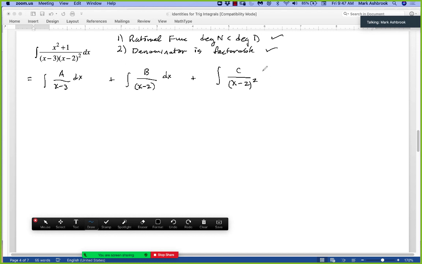Now we have to figure out what the A, B, and C need to be so that when we add these fractions, we get this fraction. We need the sum of these fractions to be the same as this. And this is all about the common denominator. So what do we need to multiply top and bottom by here to make the common denominator?